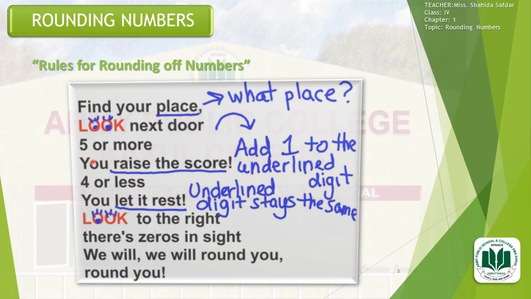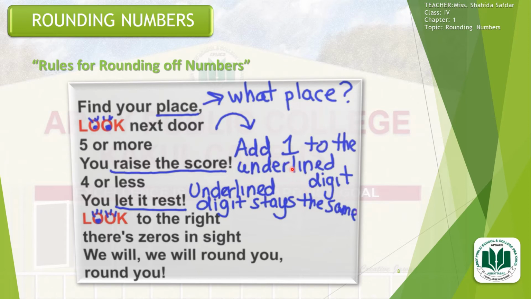If 5 or more, you raise the score. If the digit next door is greater than or equal to 5, then we add 1 to the underlined digit. What is the underlined digit?